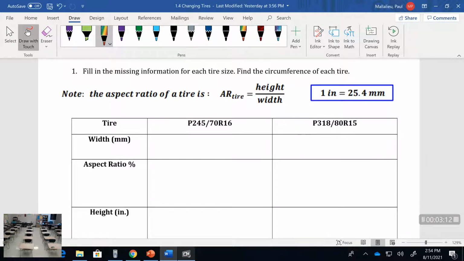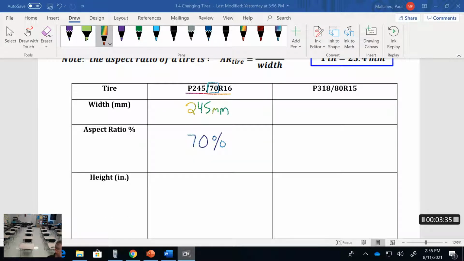we see that originally we had the width as a 245 millimeter tire. The aspect ratio is the number here, so 70, and it's expressed as a percentage. Then the height: we're going to set up a ratio.